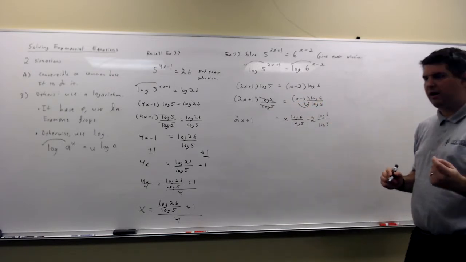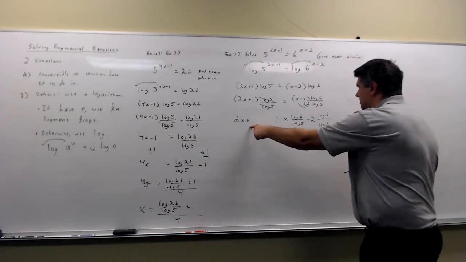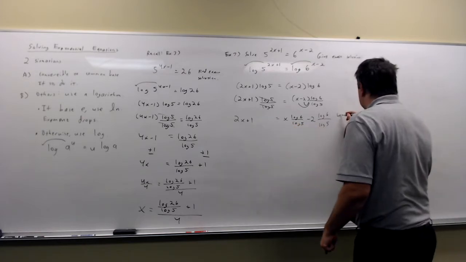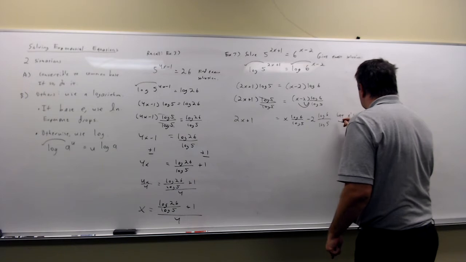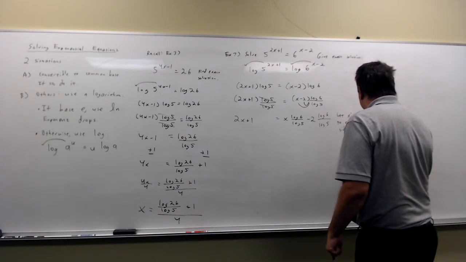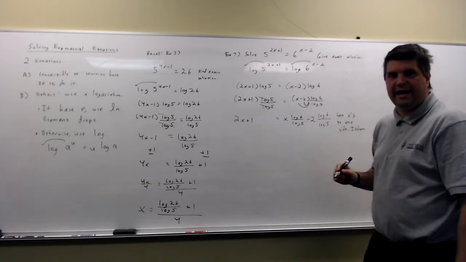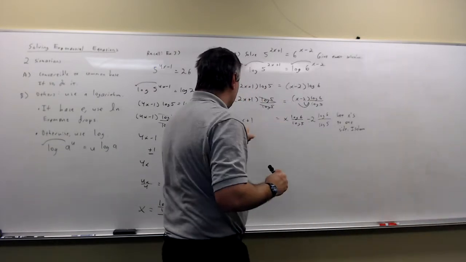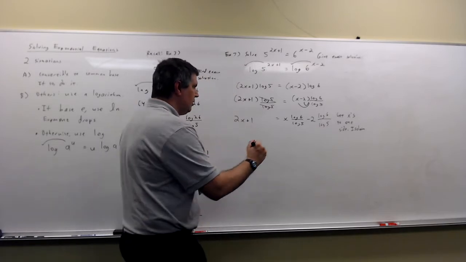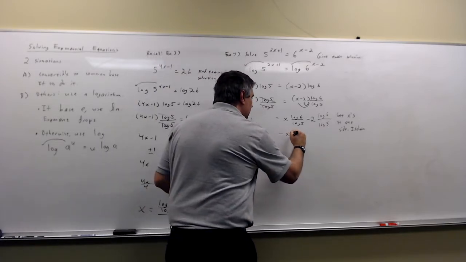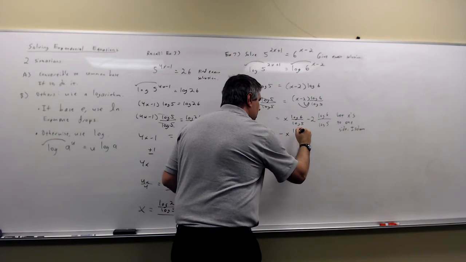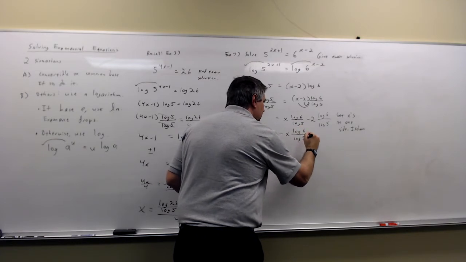Now, the goal here is to get the x's to one side and isolate. Okay? So the idea here is I got x's on both sides. I'm going to get rid of the one that's on the right side.